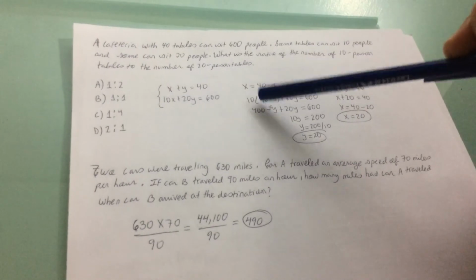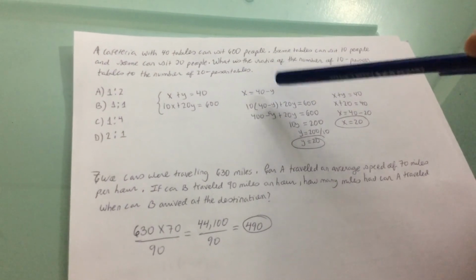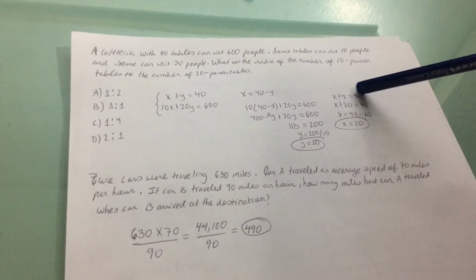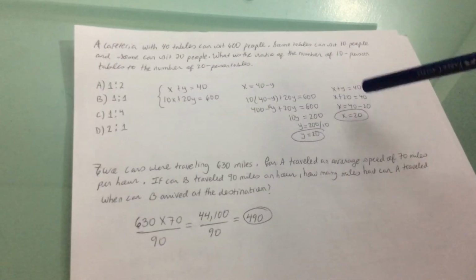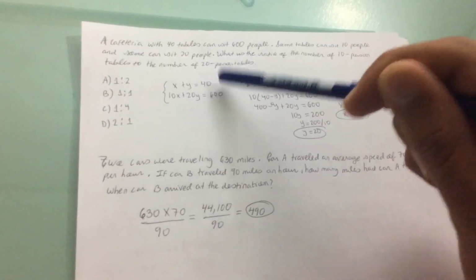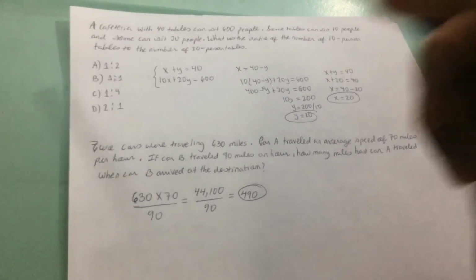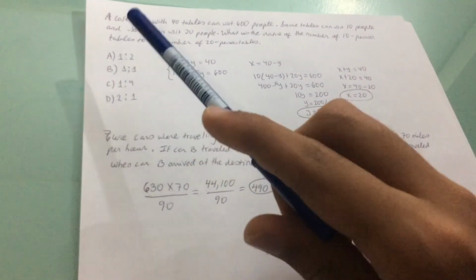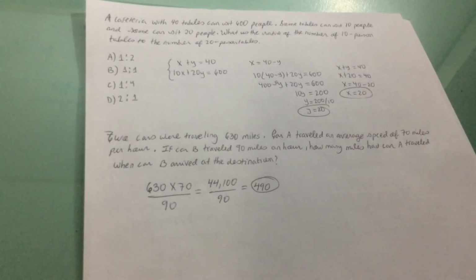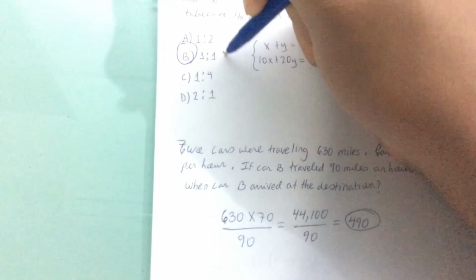And then you substitute in the equation when you say, okay, x is equal to 40 minus y, and then you substitute what you got right here in any of the equations. I chose this one because it was easier to work with, and I got the same in both, so of course my answer needs to be B. I'm gonna circle that one. That's my choice.